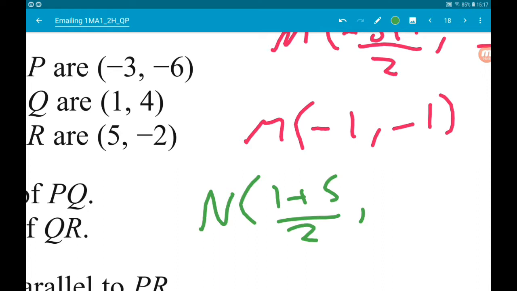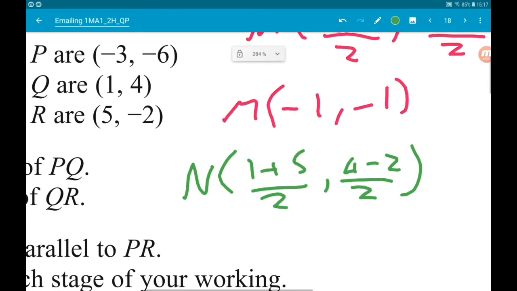And the y coordinate is 4 add -2 over 2. So that's 4 minus 2 over 2. So, N is 3 and 1.